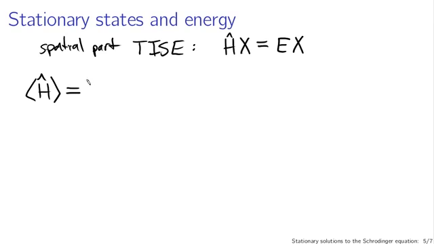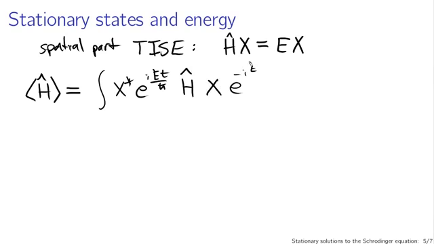We have an integral, and then we have the wave function itself, ψ star e to the i times the energy times the time over h bar, times our Hamiltonian, and then the non-complex conjugated wave function itself, e to the minus i E t over h bar, integral dx.